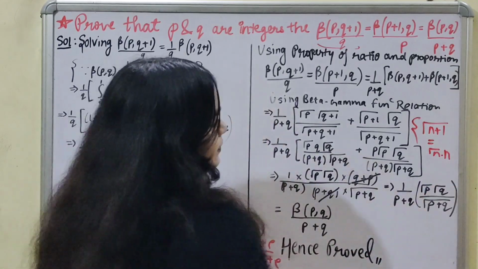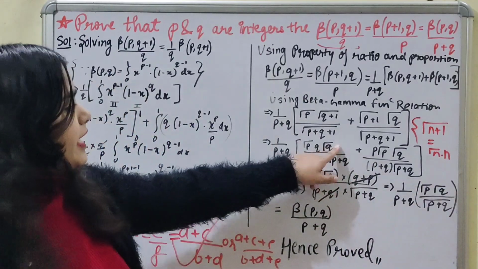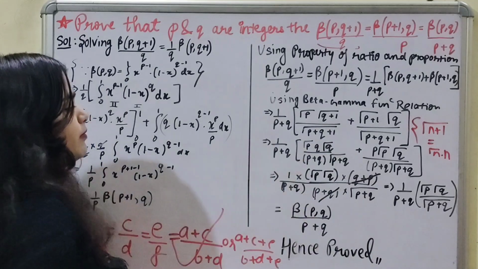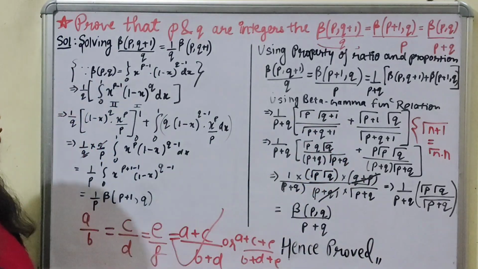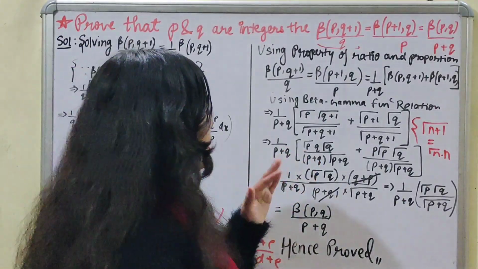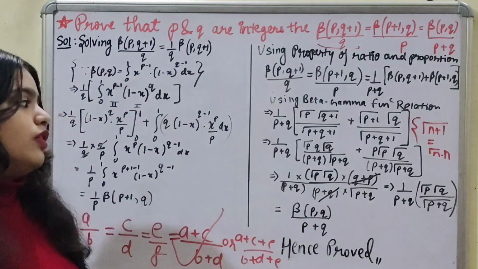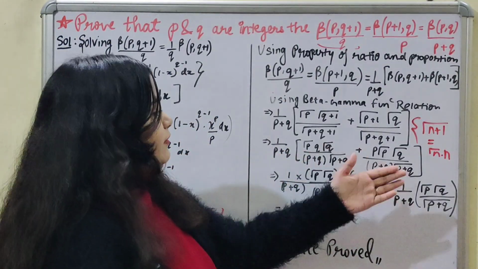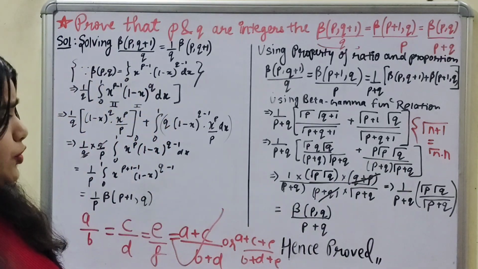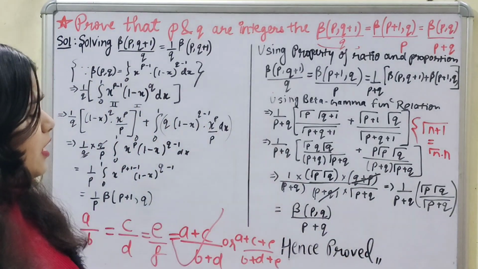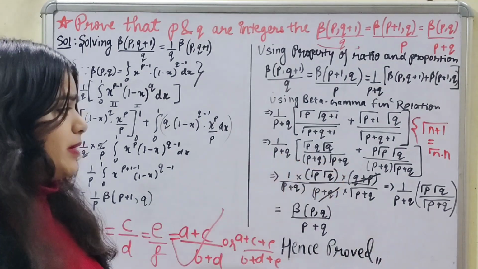So we got 1 upon p plus q as it is. Then here we used gamma p into q into gamma q upon p plus q into gamma of p plus q, plus gamma p into gamma q into p upon p plus q into gamma of p plus q.